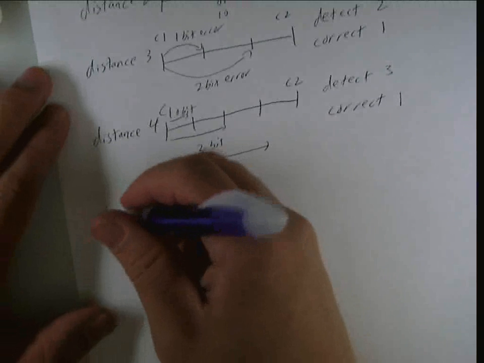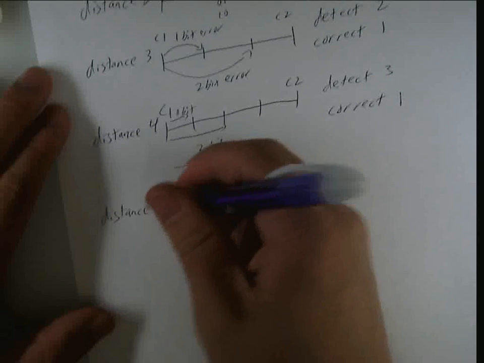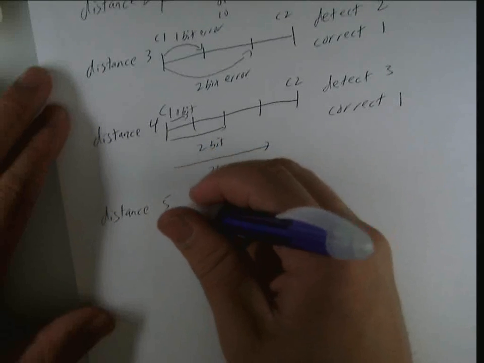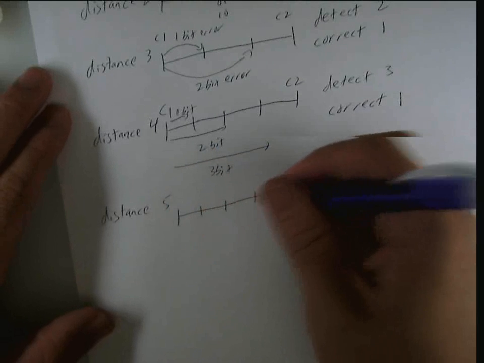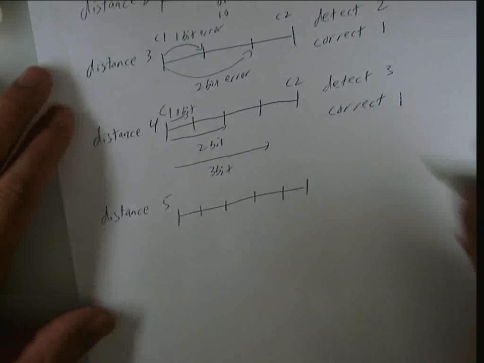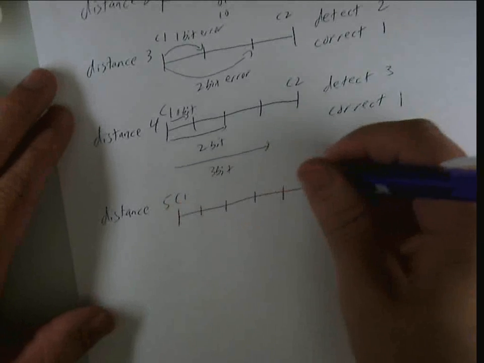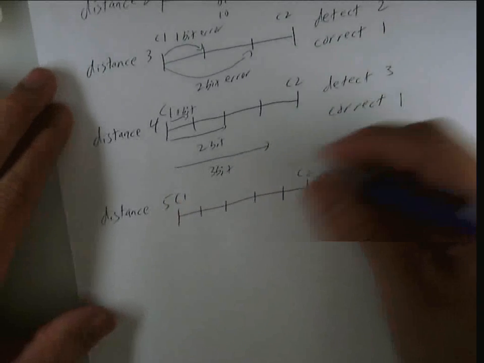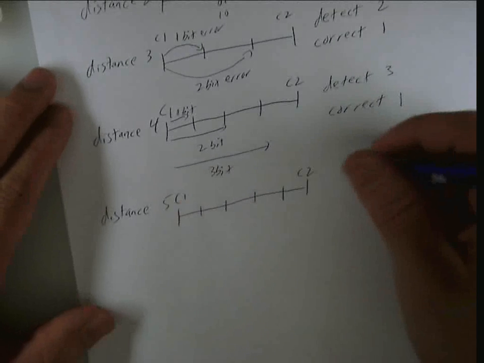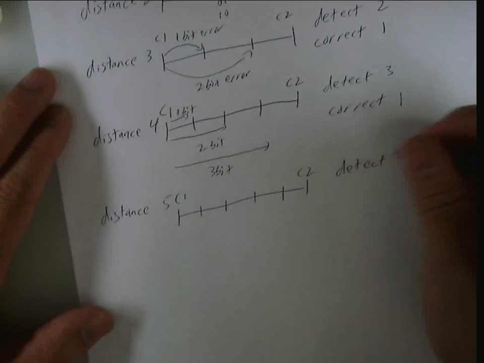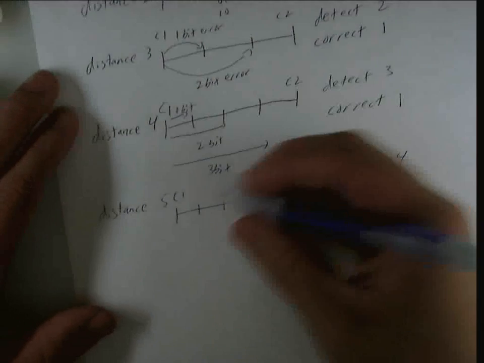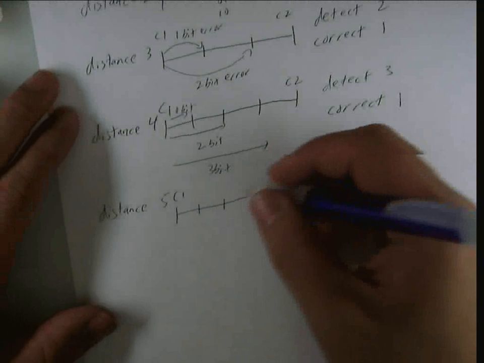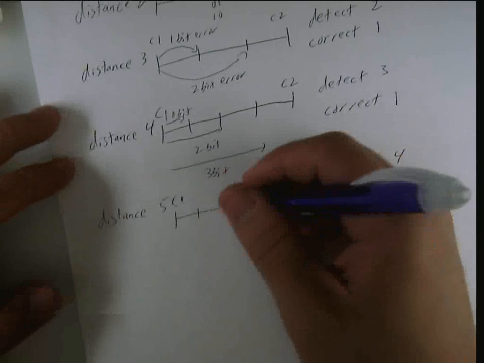Now for a distance 5 code, let me see if I can somewhat evenly divide this. Oh, that looks decent. We have code word 1, code word 2, and you've seen the pattern before. Now this is detect 4, because there are 4 tick marks in between. If we're trying to correct errors, we've got 1 and 2.